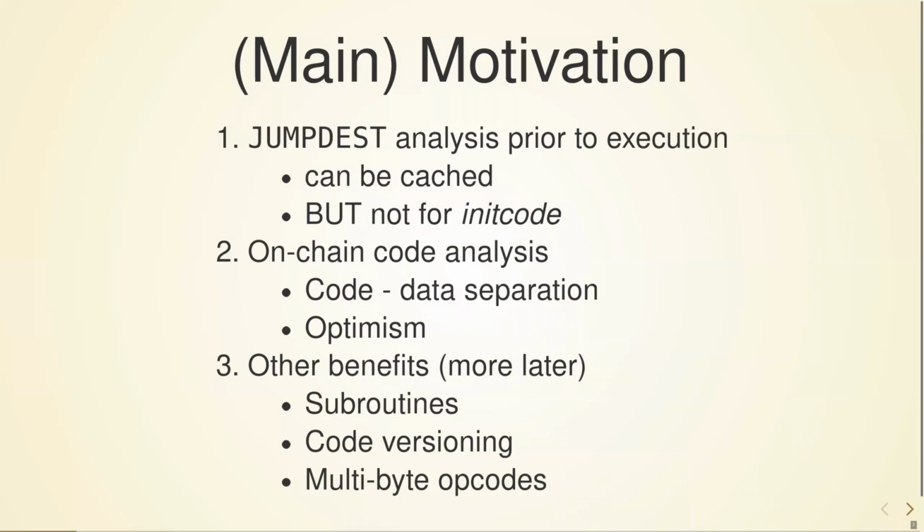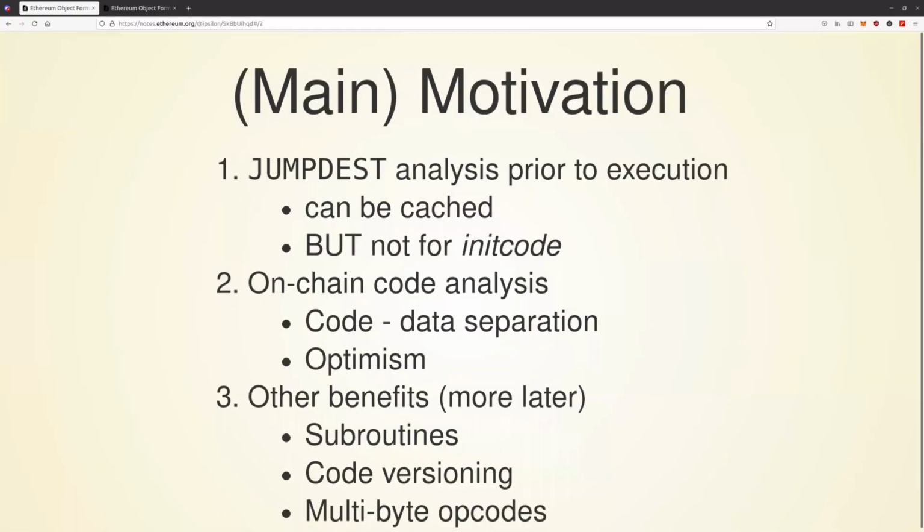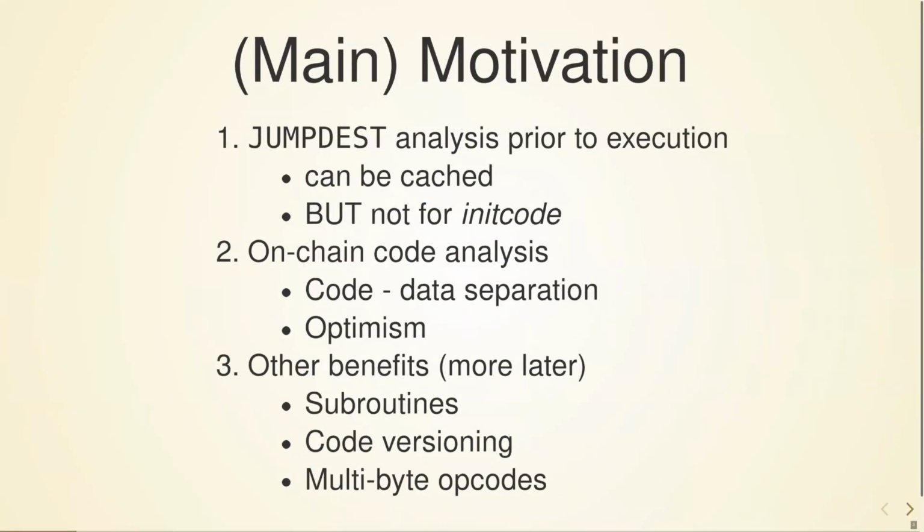I guess to give a bit of context on how this started: one part is the subroutines proposal, which has been discussed at quite some length over the past year. And during last year, one of the bigger discussion points was how restricted or unrestricted subroutines should be.